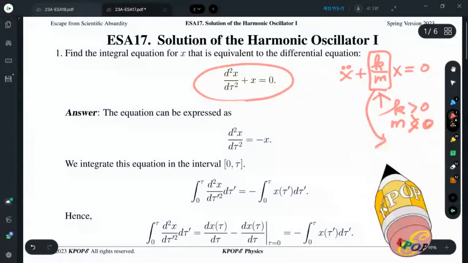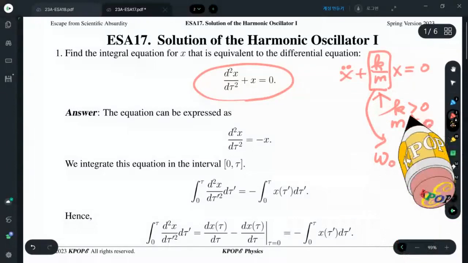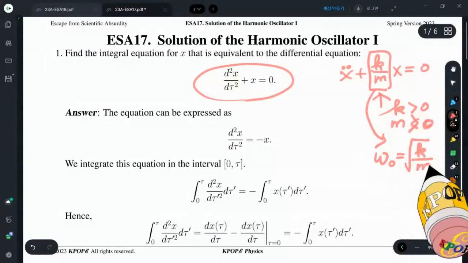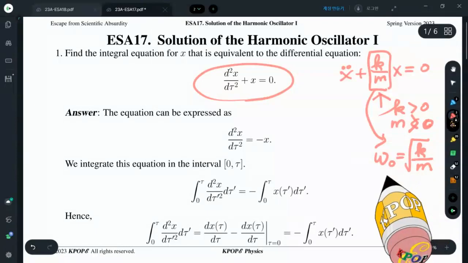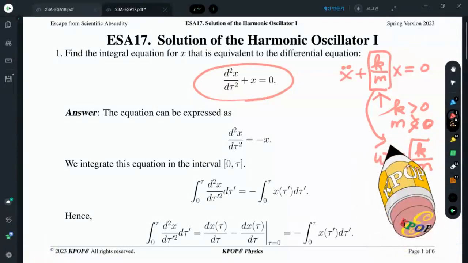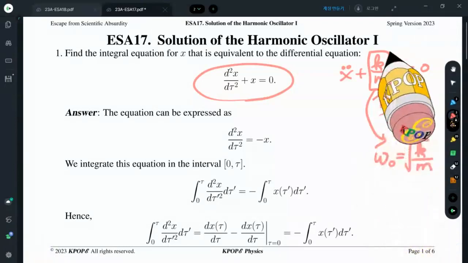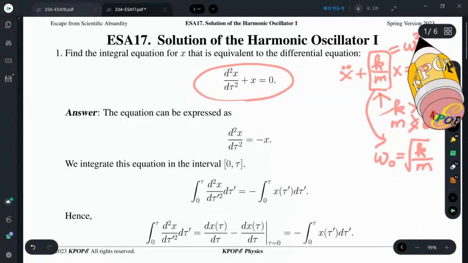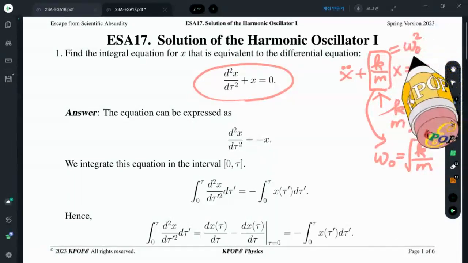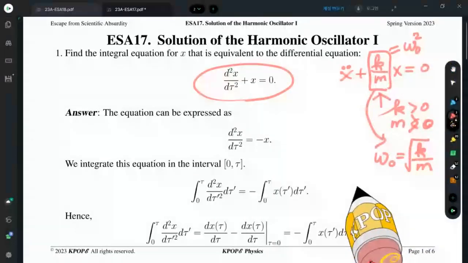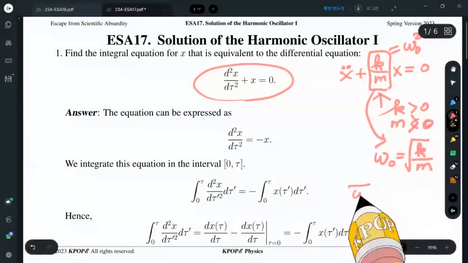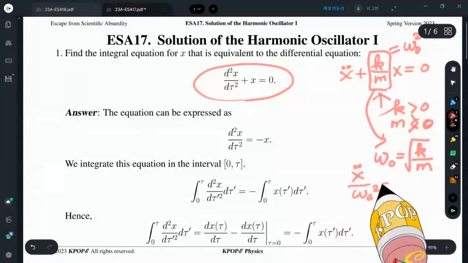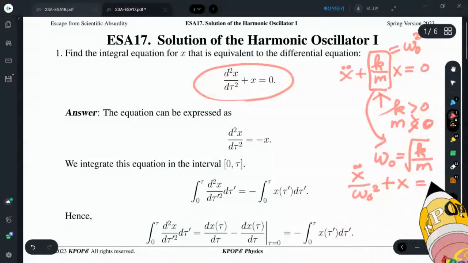We usually use the angular frequency omega 0, the square root of k over m. Then it becomes omega 0 squared. Therefore, we divide both sides by omega 0 squared, so x double dot over omega 0 squared plus x equals 0.